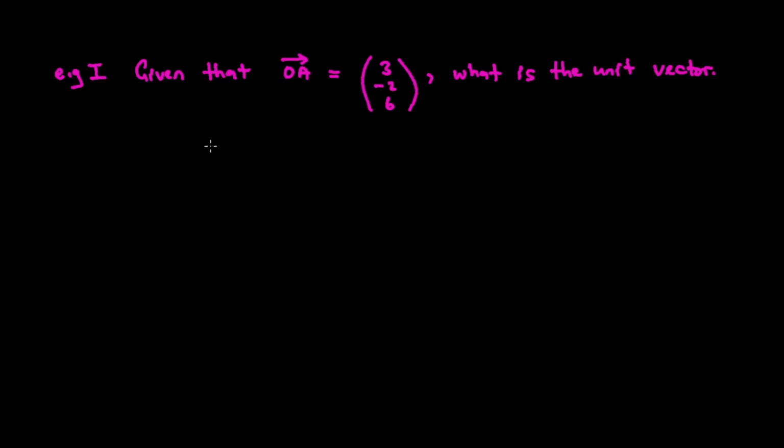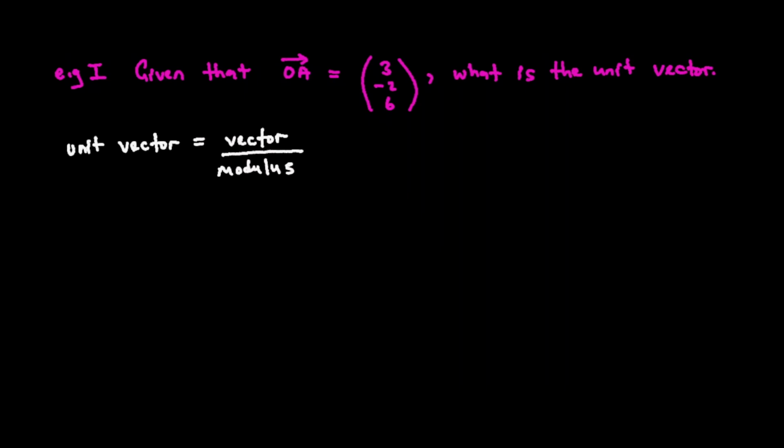So when you are answering these questions, first you write down your formula. So our formula says unit vector is equal to vector over the modulus, or over size, or over magnitude, however you want to put it.